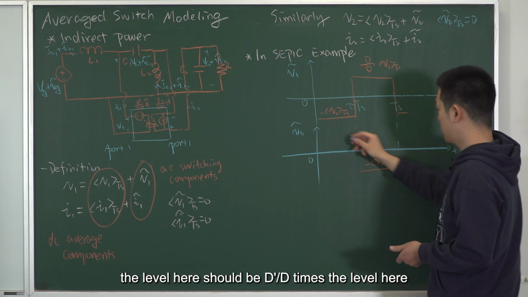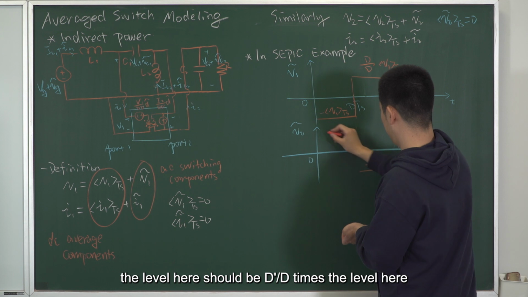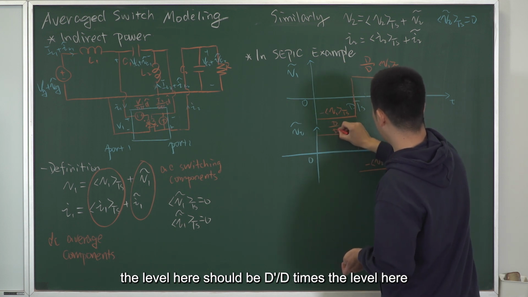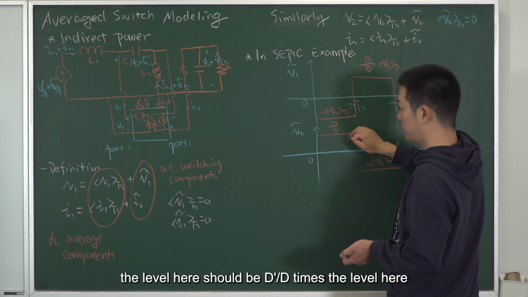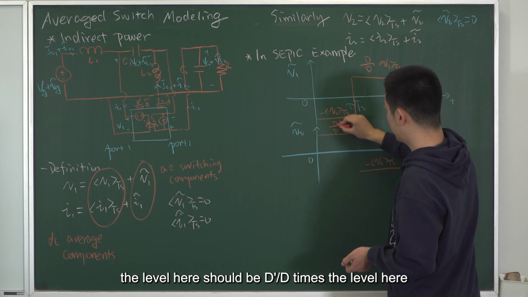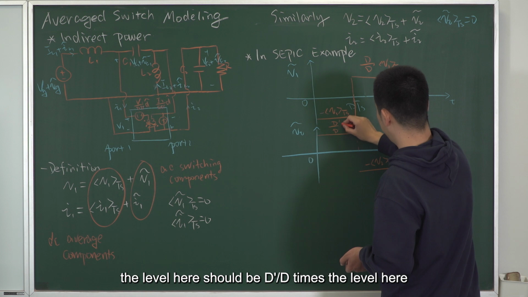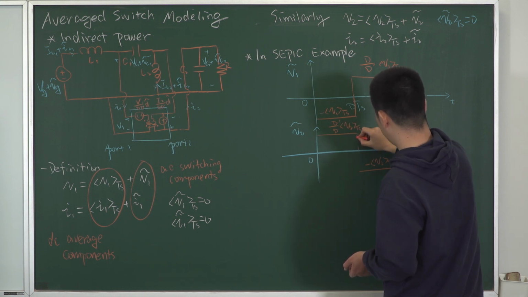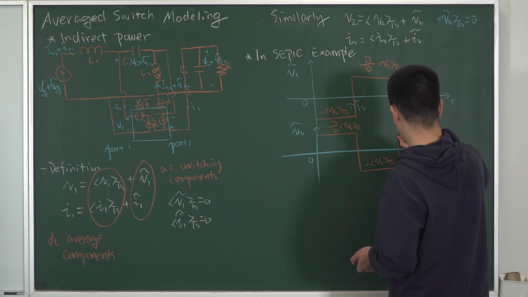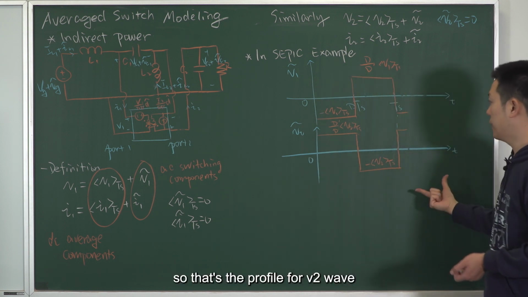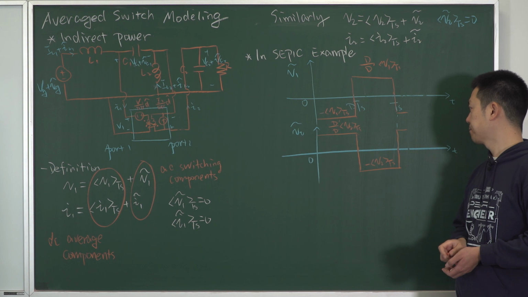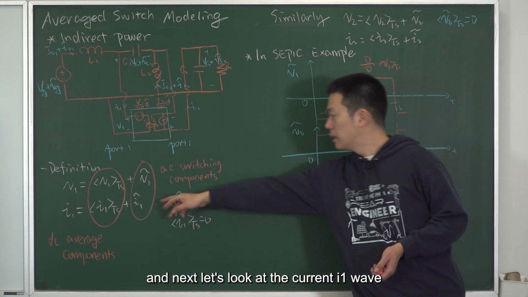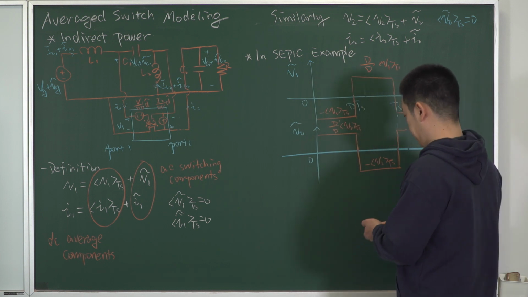Level here should be d over d prime times, d prime over d times the level here, right? So that's the profile for V2 wave. And next, let's look at the current I1 wave.